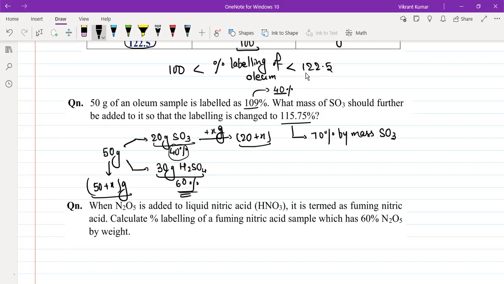This has become 50 plus X gram, but still H2SO4 is remaining 30 gram. And with this data, 115.75% labeling means 70% by mass of SO3. It also means 30% by mass of H2SO4.